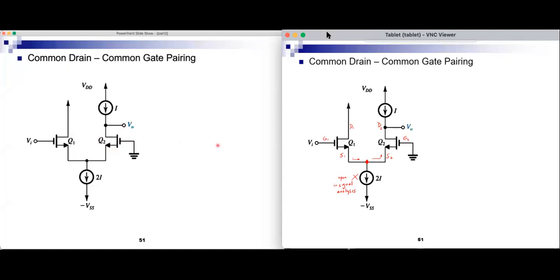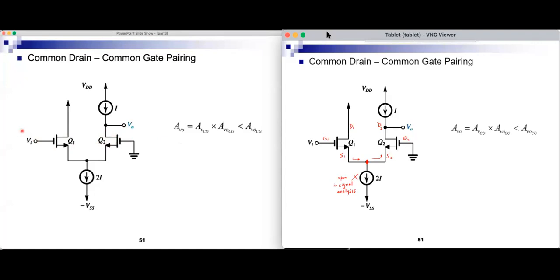Well, the input resistance is very high, it's infinite actually, and that's much higher than the input resistance of just common gate, but it's not better than common source. So we're back to the common source level of input resistance, which was infinite and is infinite here.